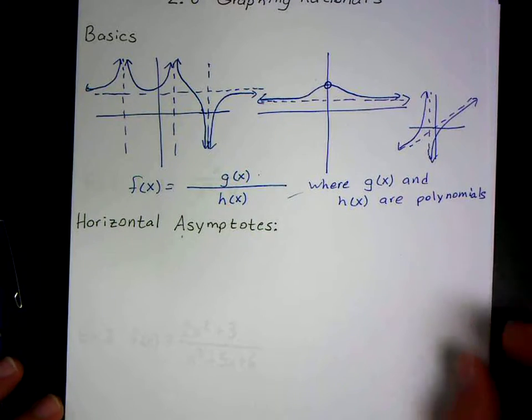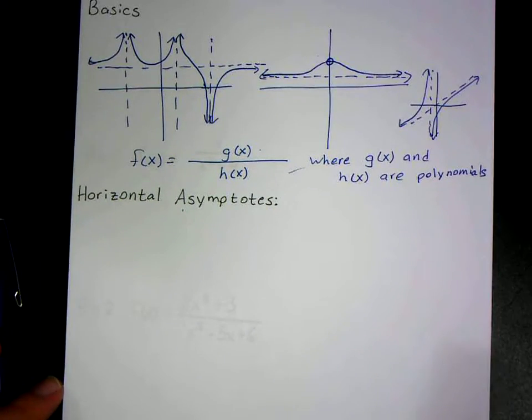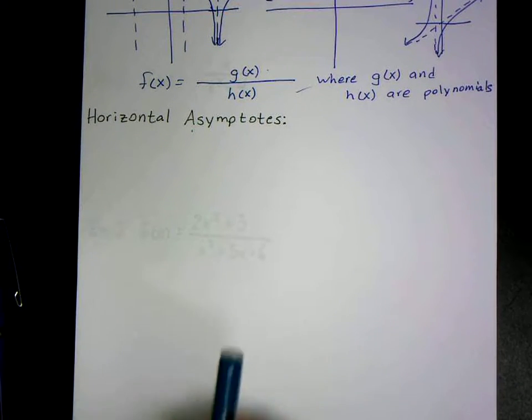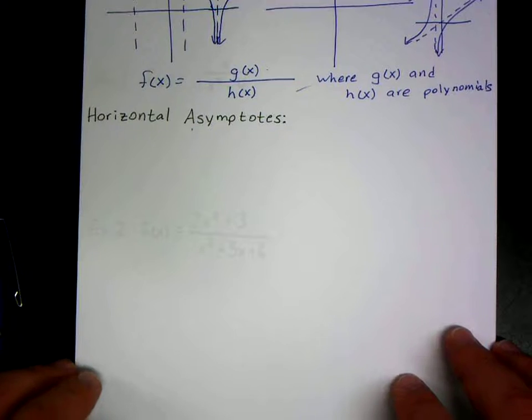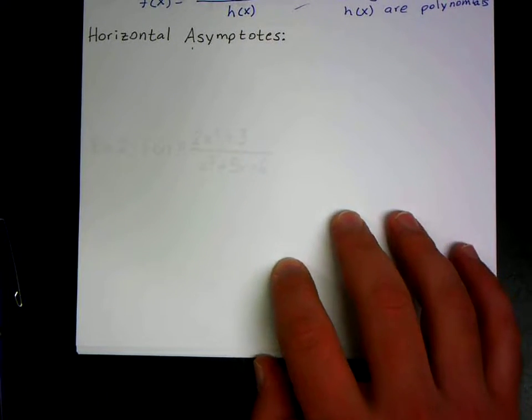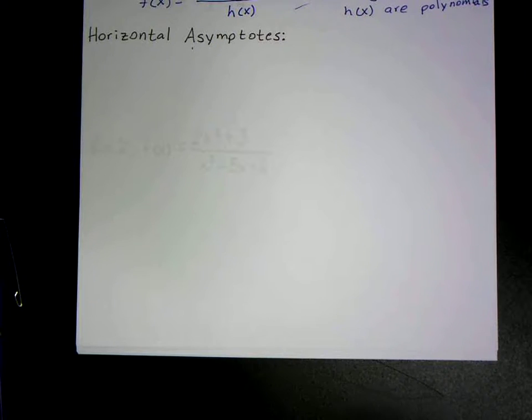All right, so let's start with the rules for our horizontal asymptotes. A horizontal asymptote has the most complicated rule. Your book actually gives it to you as 3 rules to memorize. I try to give it to you as 1 rule.